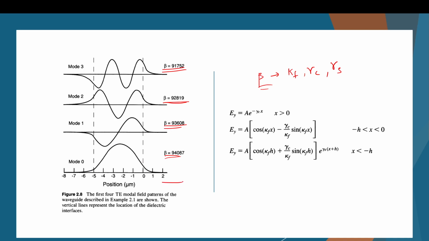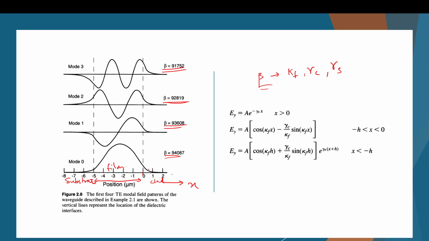So this is my x-axis. This is x equal to 0. Beyond x equal to 0 is my cladding. So here it is cladding, here it is substrate, and in this region from minus 5 to 0 it's the film. And you can see that the plots are slightly skewed towards one side.